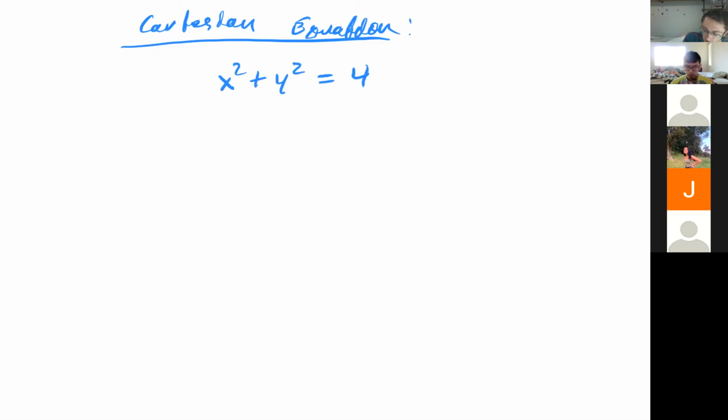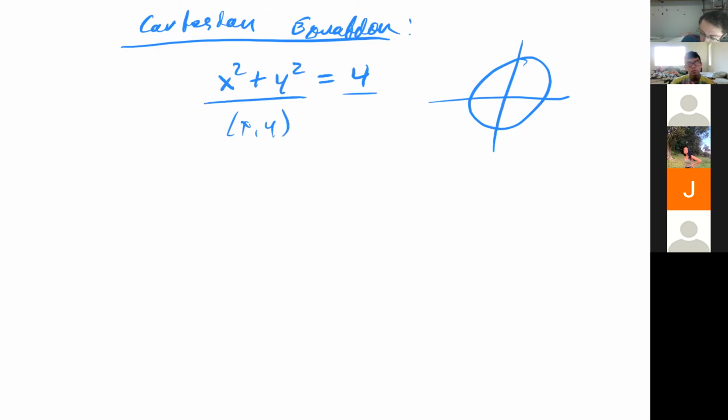That's a circle of radius 2, all right? Why is this a circle of radius 2? Because all of the pairs x, y satisfying this equation lie on the circle. There's a one-to-one correspondence between pairs satisfying the equation and points on the circle. And that gives you that these two sets are equal, okay?